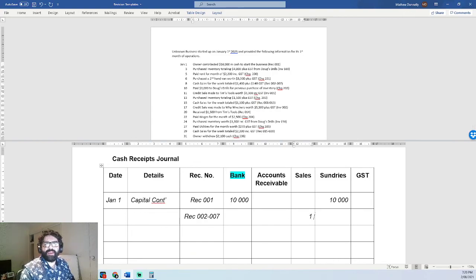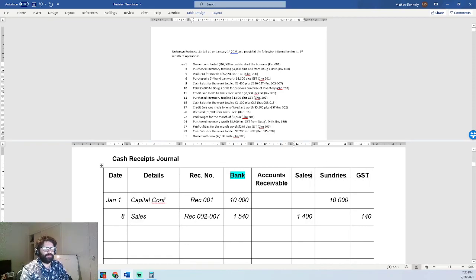Now, 1,400. GST is 140. Add it together gives us 1,540. Put the date in. It was the 8th. And you can just go sales. For this one, detail's not that important because it's not going to give us any additional information.